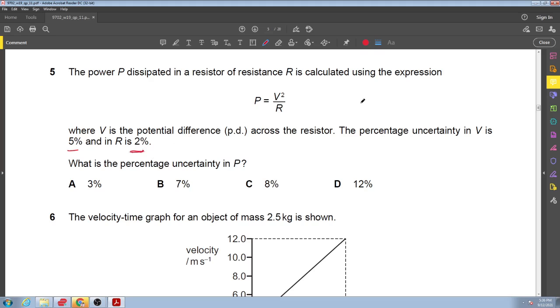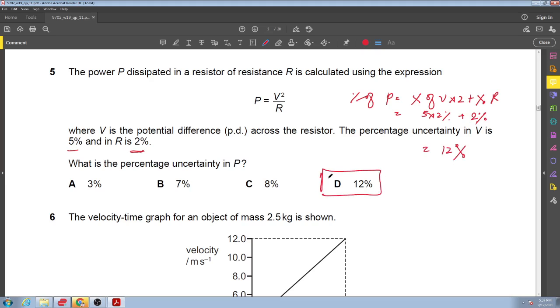When we find the percentage uncertainty of P, it is the percentage of V times 2, because the power of V is 2, we always consider the power, plus the percentage of R. So our answer is 5 times 2%, plus 2% here. We get 12% total percentage uncertainty, so the answer is D.